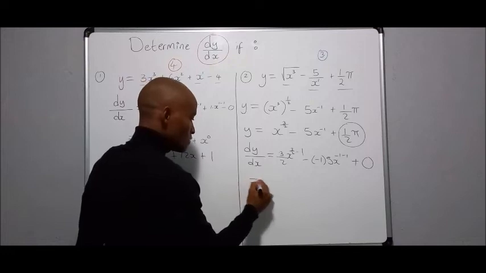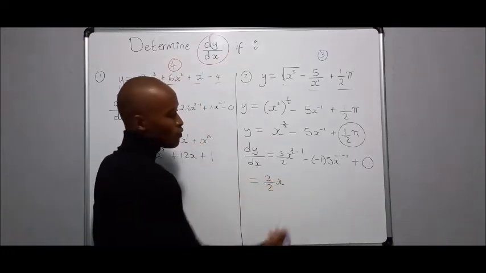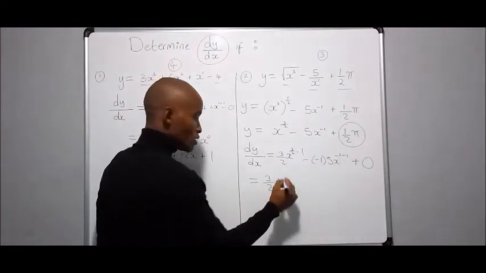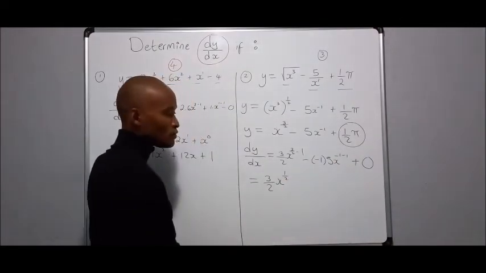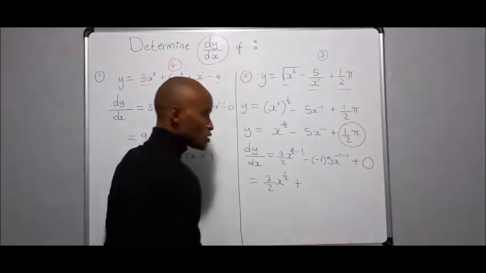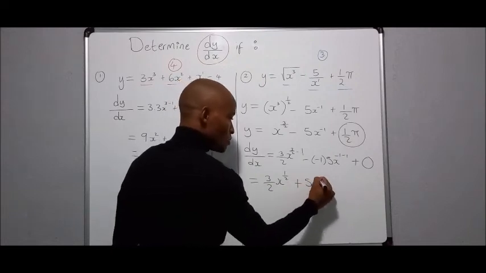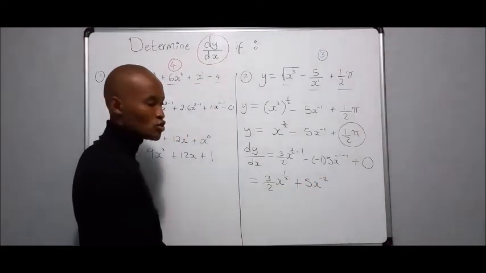You write your stuff neatly. You have 3 over 2 x to the power of what? 3 over 2 minus 1, you get a half. And a double negative will produce a positive. 1 times 5 is just 5, and x to the power of minus 2.